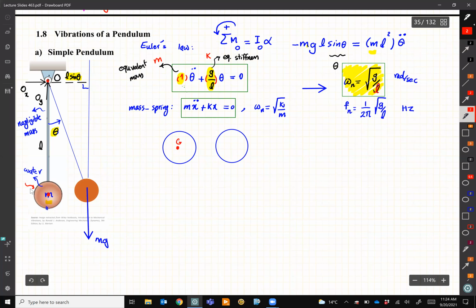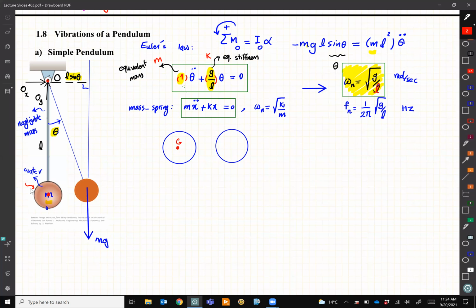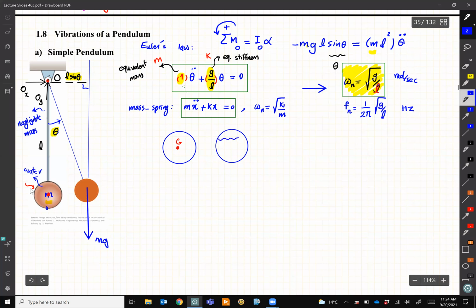But let's say over time, when the water is dripping and coming down, we know the center of mass is going to change, right? It comes lower. Do you agree? When it is halfway, the center of mass is close to the bottom. So this L is increasing, so it means the natural frequency is decreasing.